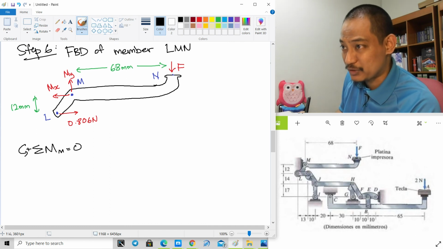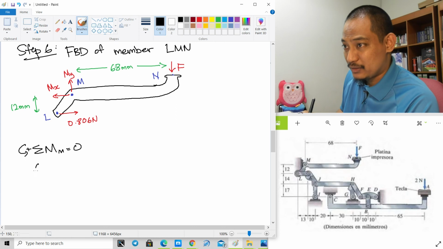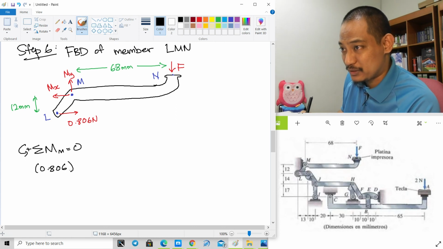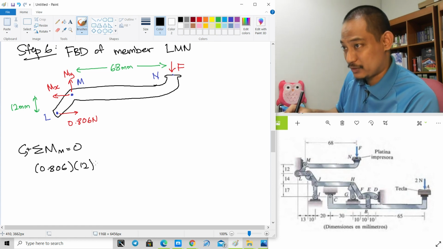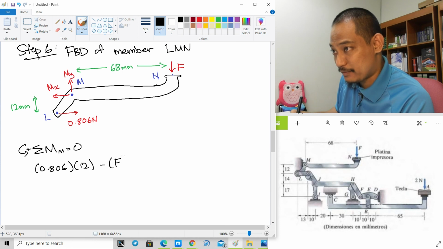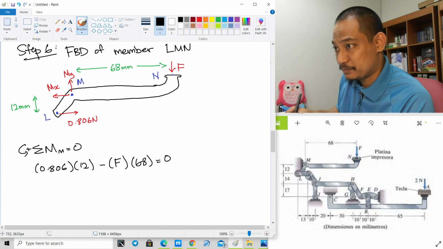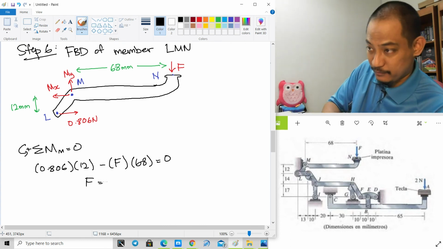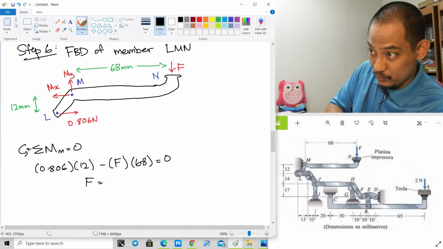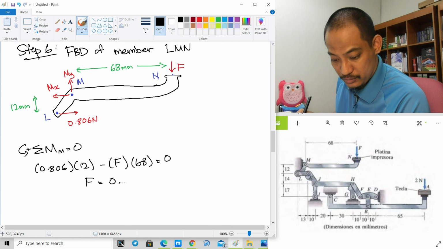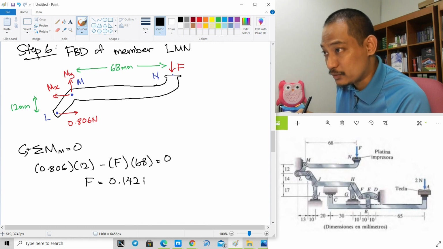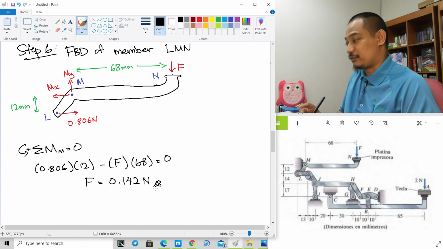Let's take counterclockwise positive. So from here we have 0.806 with distance of 12 counterclockwise, and then F is clockwise, so minus F, and the distance is 68, equal to 0. So F, you'll get 0.806 multiplied by 12 divided by 68, 0.142 Newton. That is the answer for F.